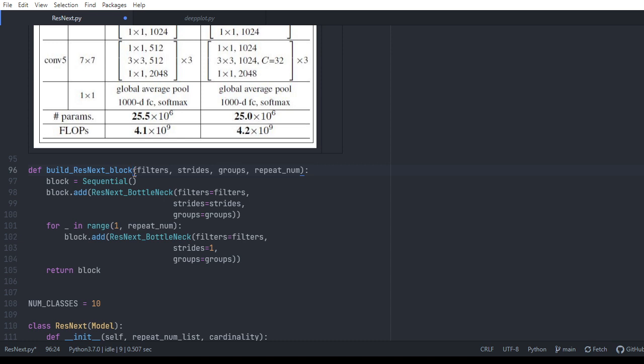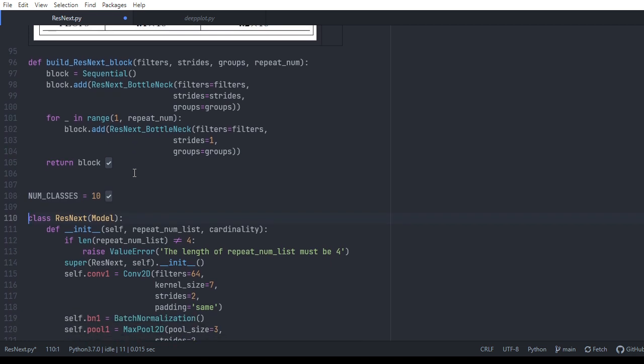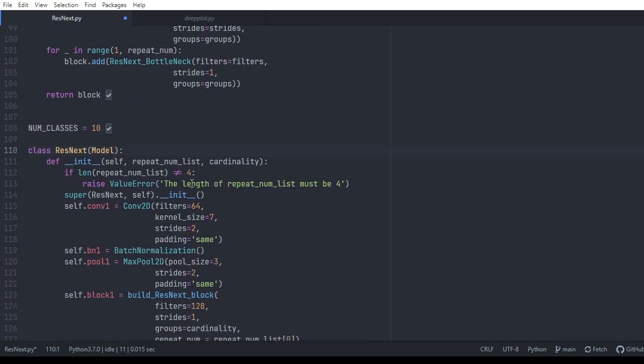So here we implement it. In this case, I'll use num class as 10, but for the training of the ImageNet, you can use 1000. Essentially, here we want the number of lists.